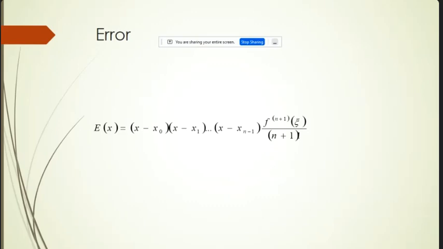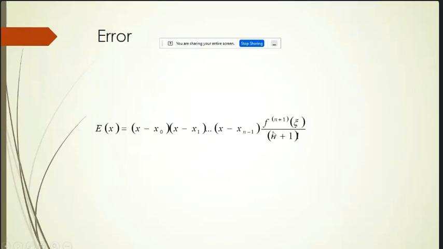For example, suppose that we have a real function f, and we interpolate the value of f by n plus 1 points, x0, x1, x2, ..., xn minus 1, and xn.